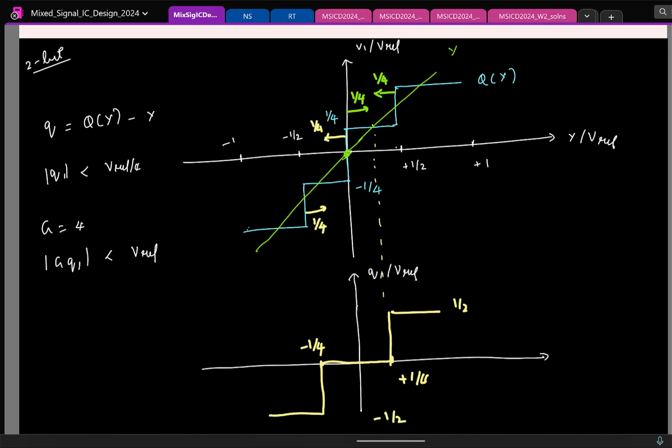Now if you do this, earlier you needed to compare with 3 reference voltages. So in a flash, how many comparators will you need? The idea is, I know that in each reference voltage, I can make an error of plus or minus 1/4. So the thought process was, this can go to the right by 1/4, I'm fine.